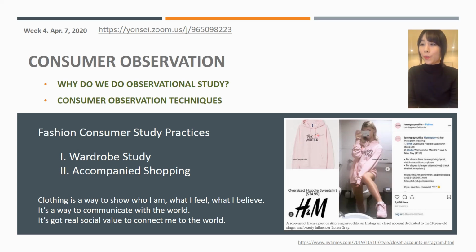Okay, so we have talked pretty much about the functions of clothing and why we wear clothes, and the symbolic meanings of clothes as well. Clothing is a way to show who you are.